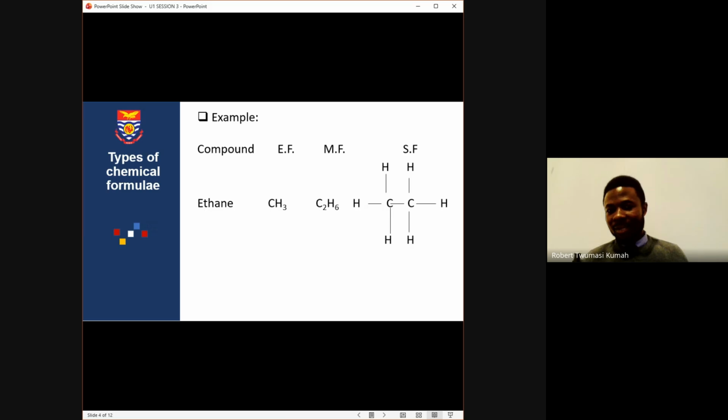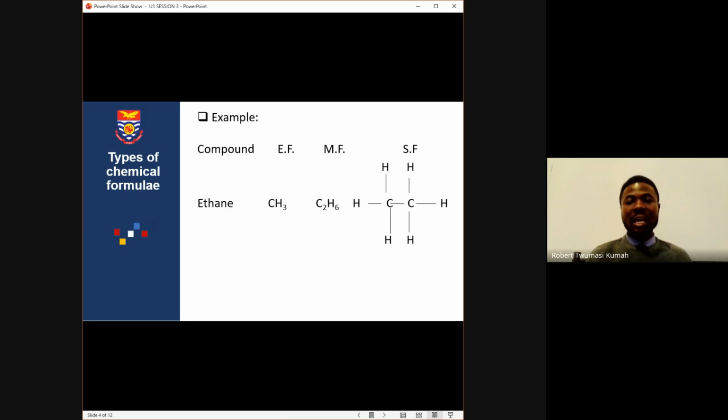Okay. So for this compound, we have the empirical formula CH3, which does not actually help us to know the compound very well unless we proceed to look at the molecular formula.